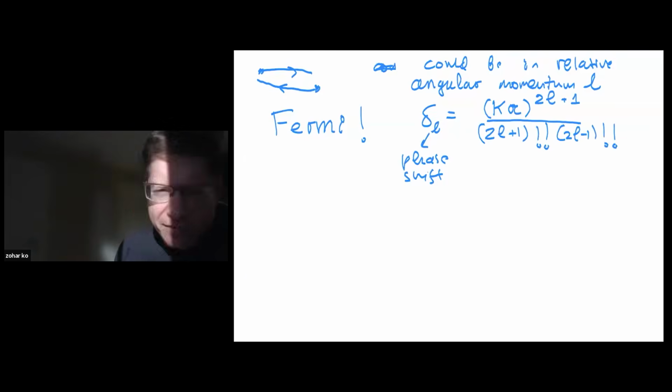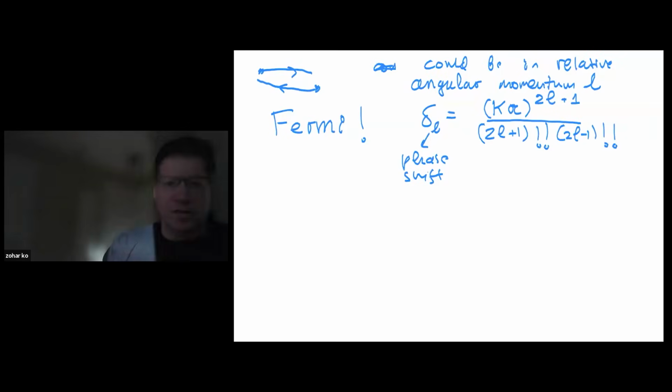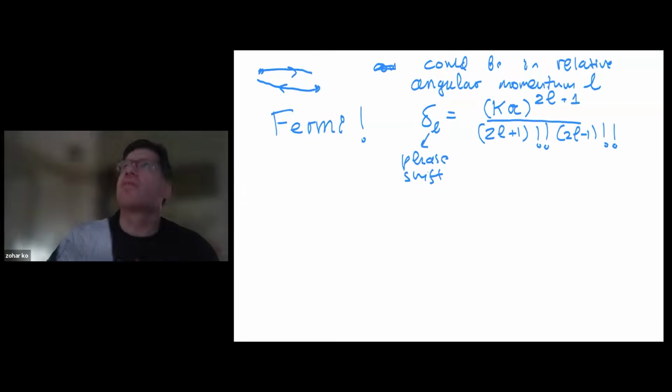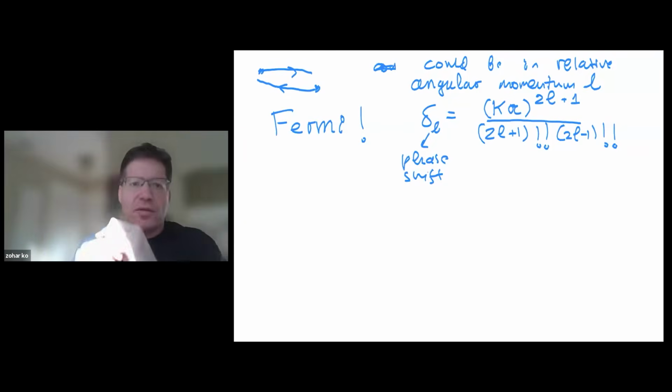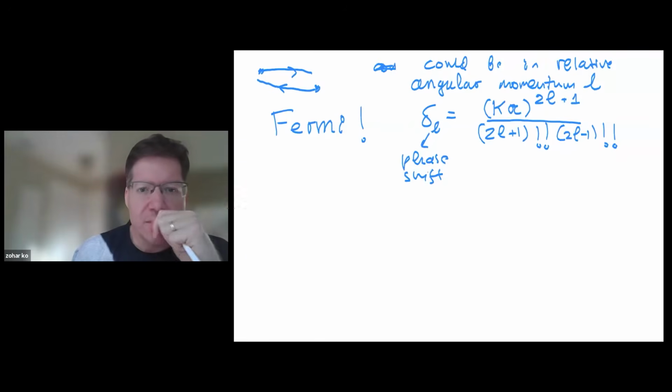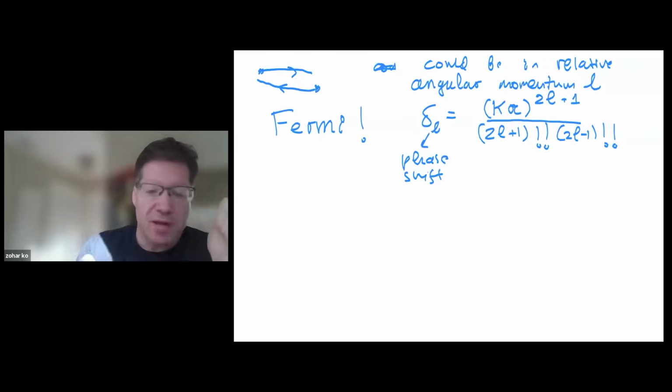That's what you would find, and very clearly from this formula, if the angular momentum is very large, then this dies off very quickly for low momentum scattering, of course. If you send the particles with very high momentum, they can penetrate even at high angular momentum.